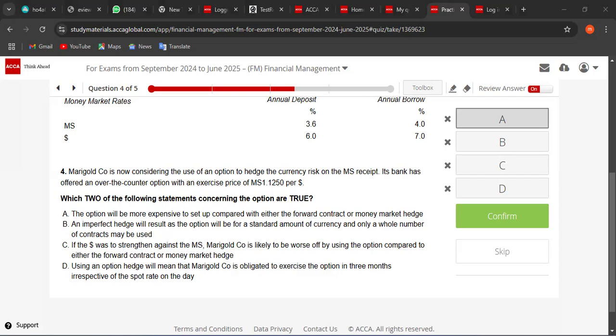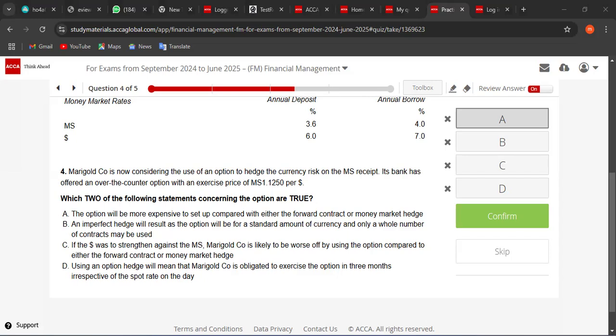So 300,000 MS divided by 1.1250 MS per dollar. How much are you getting in dollars? 269663.